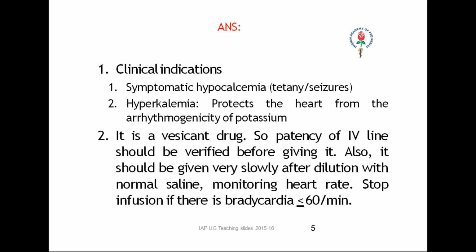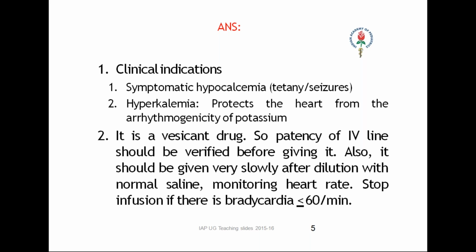And what are the other things? Same thing, if you are giving it through an umbilical line and the line is not in a proper position, if it is in your liver parenchyma, hepatic necrosis will occur, resulting in hepatic damage. So these are all the side effects: one is subcutaneous necrosis, one is potential to cause bradycardia, and one more is hepatic damage or hepatic necrosis if the line is not in proper position.